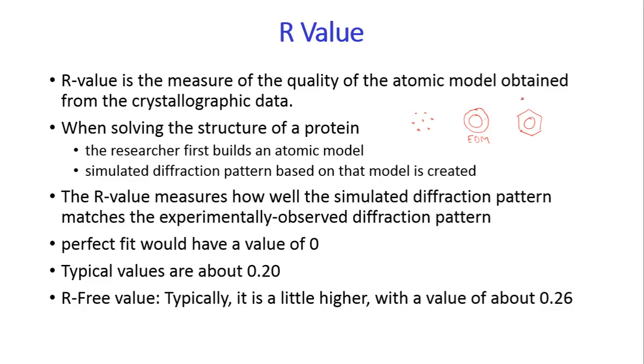This is what happens: this is the diffraction pattern, then you obtain the electron density map, and then you generate a model that would fit in your electron density map. So now the researcher first builds up the model.